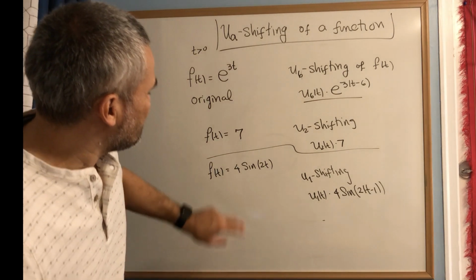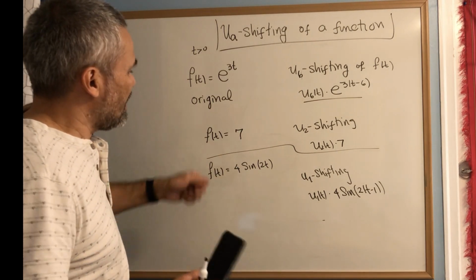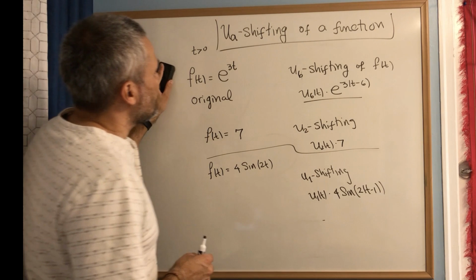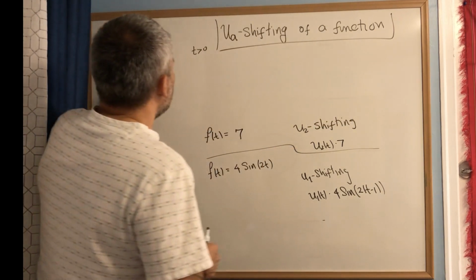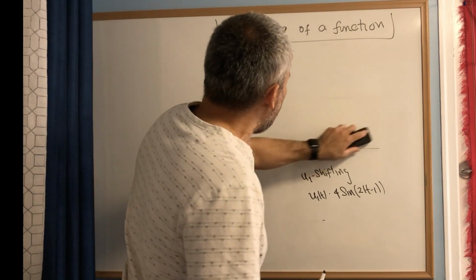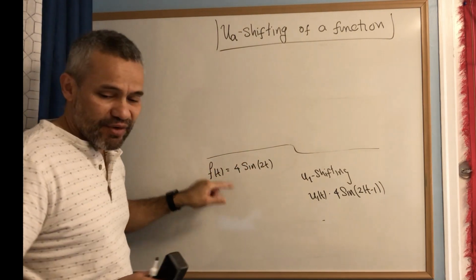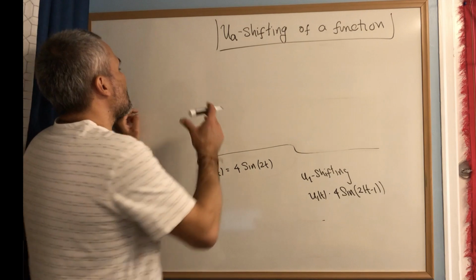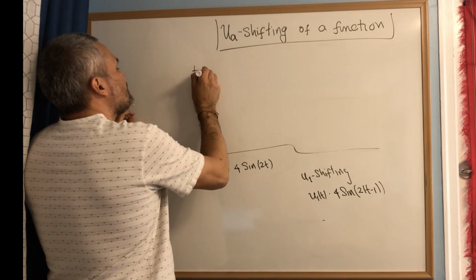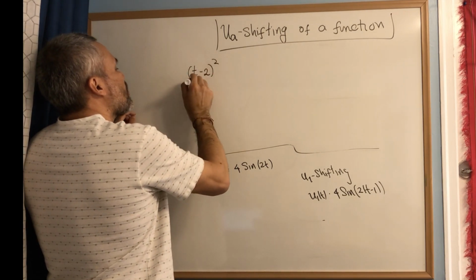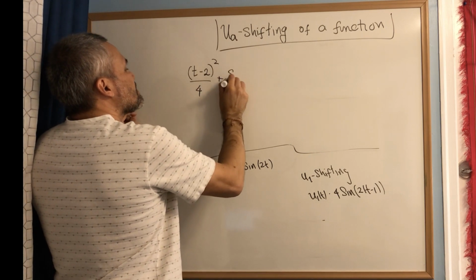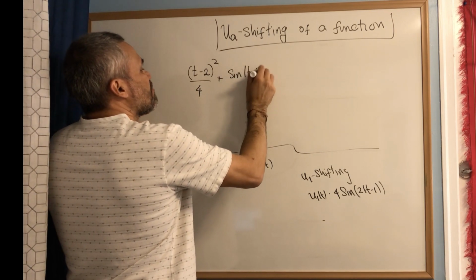And something that is going to be needed, and it's a little more challenging, is what happens if we have the ua shifting and we want to come up with the original. Let's suppose that you have something like t minus 2 squared over 4 plus sine of t minus 2.